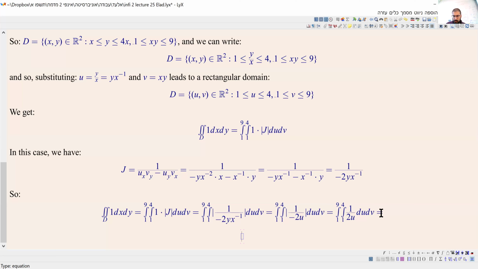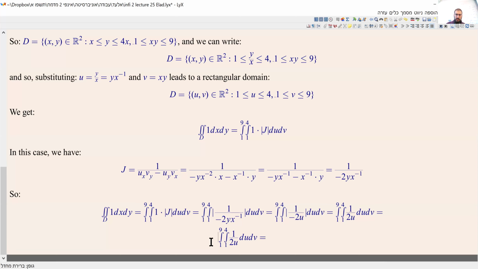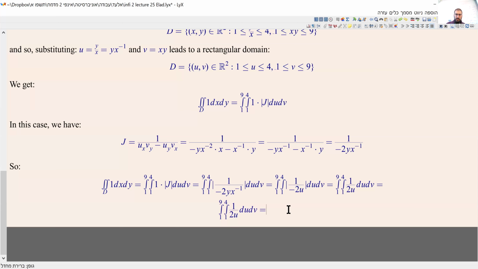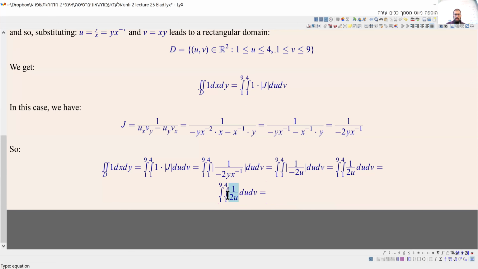Basically the motivation is the same as in one-variable functions: to have a simple integral. But in one-variable functions, the one who causes the problem is the function, and here it's the domain. So now the domain is quite simpler. The integral of 1 over 2u is half the logarithm of u.